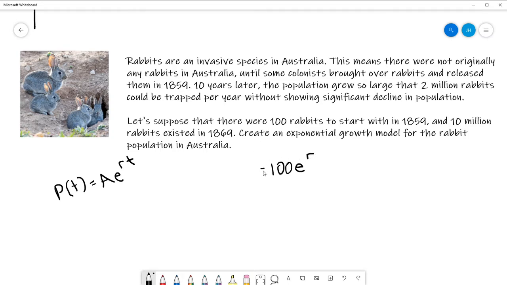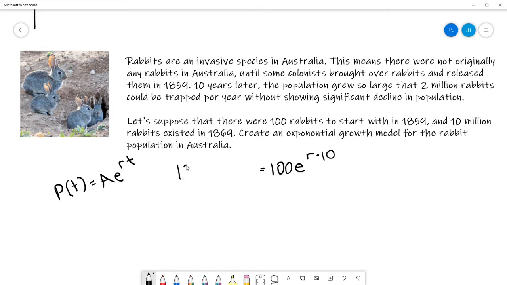And then we have t and we have P of t, right? Well, this is where our second value will come in. If we've been given a starting value, that lets us fill in the starting value for A, and then we're given a new value which lets us fill in time and the population at that time. So we know that 10 years later in 1869, so t equals 10, the population was 10 million.